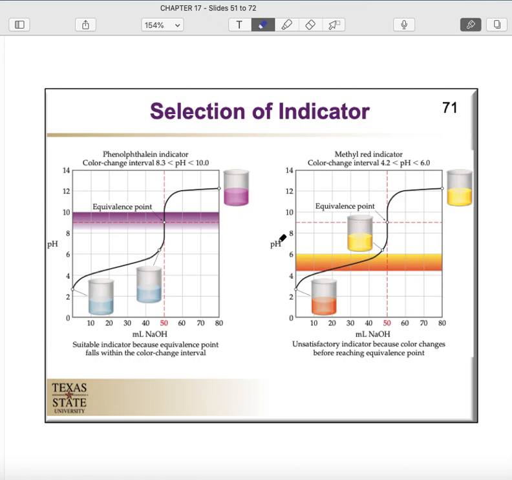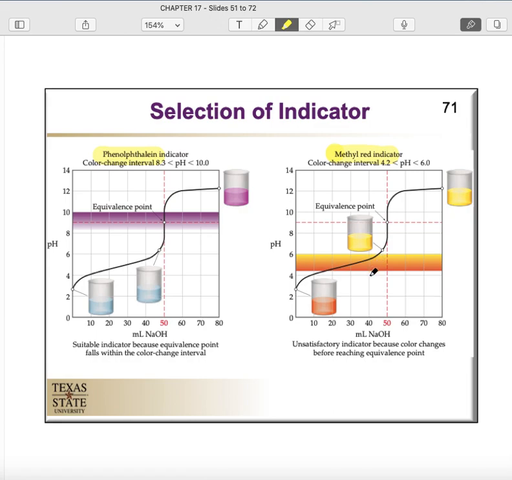So we need to select an indicator, and we have two choices. One is phenolphthalein, which has a color change in the range of 8.3 to 10. It is clear from pH 0 all the way to pH 8, then it starts transitioning to purple, and after pH 10 it is always purple. The other choice is methyl red indicator, which has a color change in the range of 4.2 to 6.